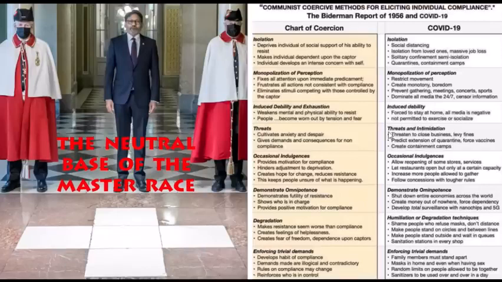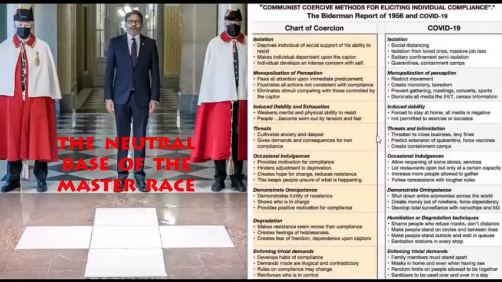Here, number 4, threats and intimidation. Threaten to close business, levy fines, predict extension of quarantine, force vex, create containment camps. You know, here, the threats and the fear, it gives demands and consequences for non-compliance.